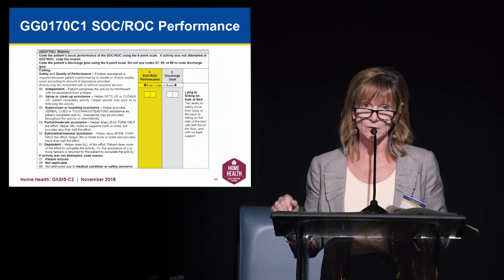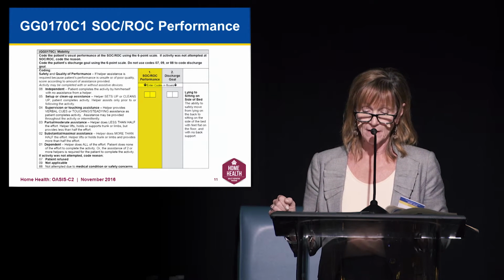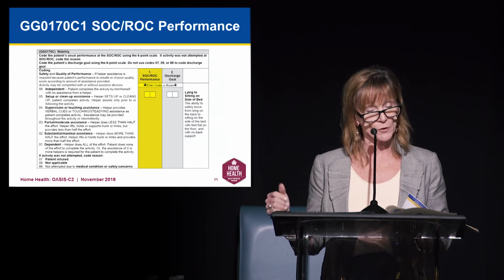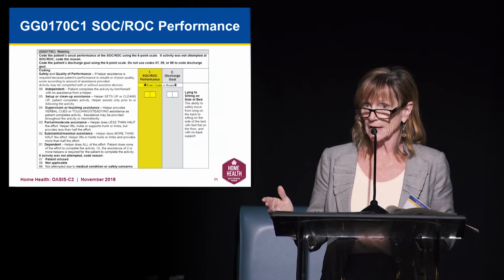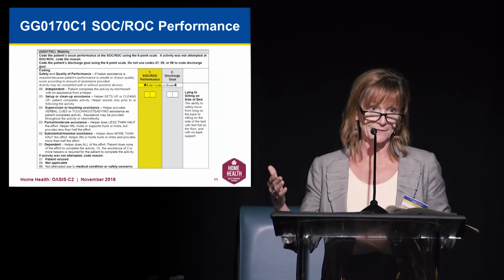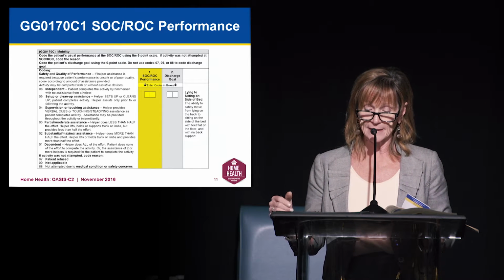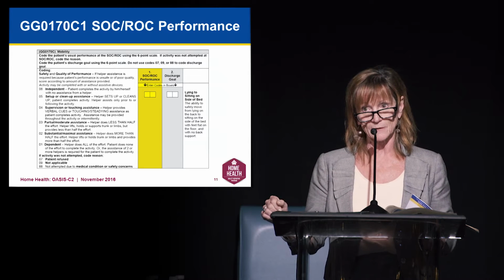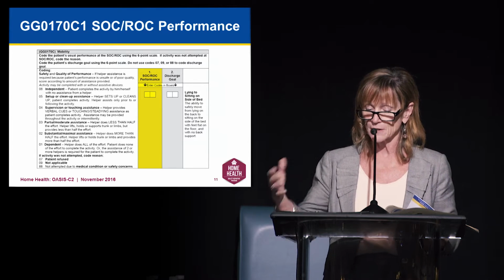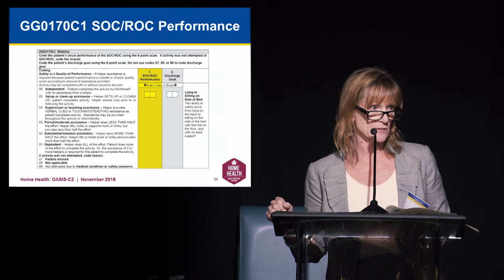And the highlighted area number 1, this is GG0170C1, which is the yellow column that you see. That will be the score that you give for the SOC-ROC performance. The second column is the discharge goal, and you'll be determining that at the same time. But again, you're going to be using the patient's input, your assessment, and the caregivers to score the patient's discharge goal.